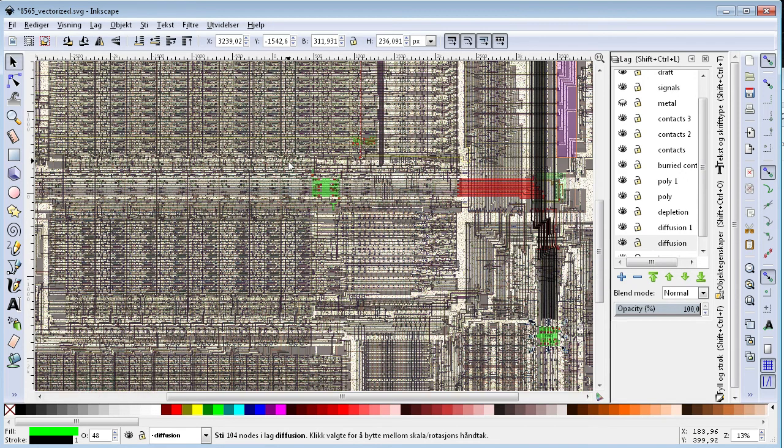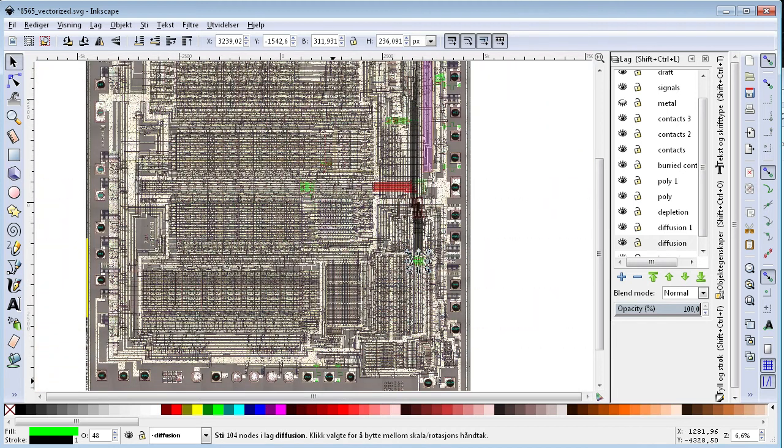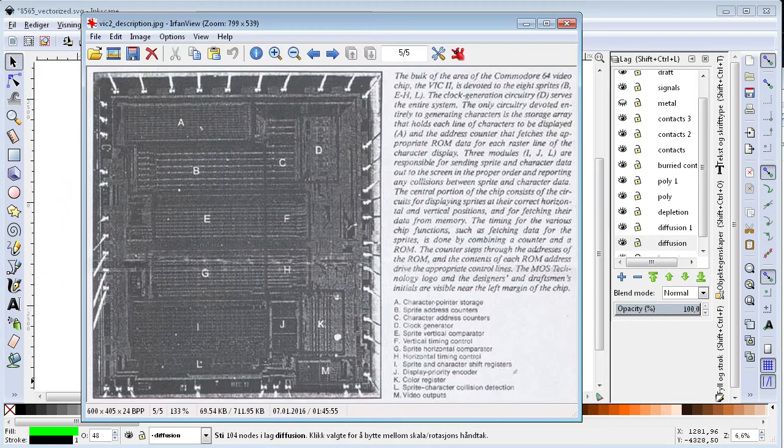And what these modules are, before I go into that, is E and G. They are comparators for sprites, and they are not only comparators for sprites because you have the raster next to the counter. If you see here F, that's a vertical timing control.